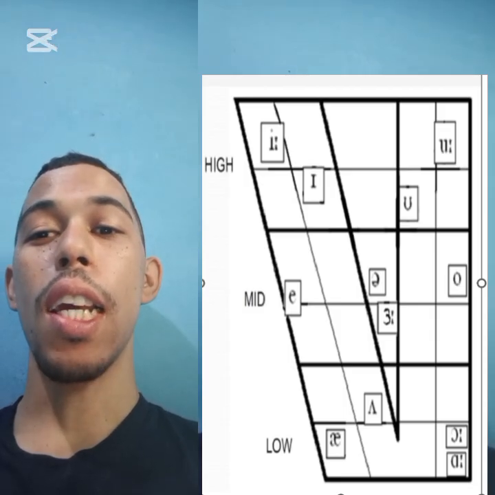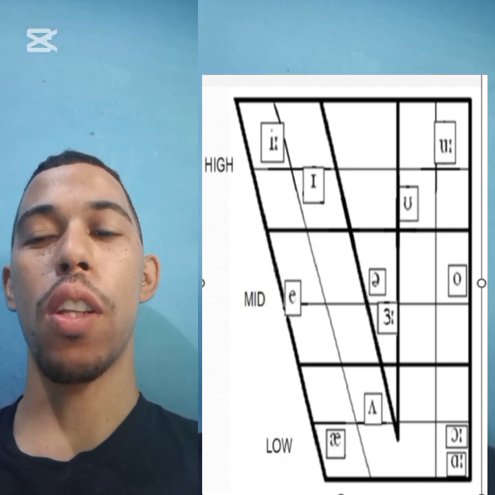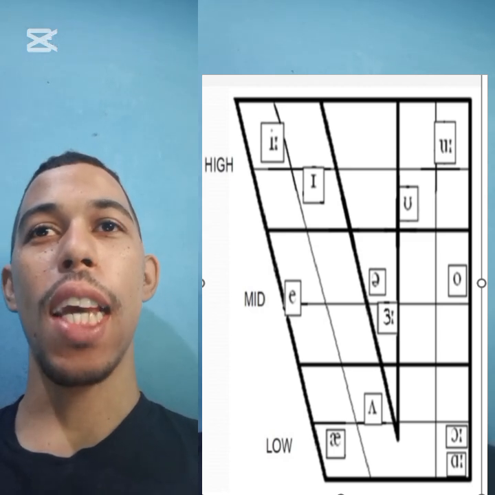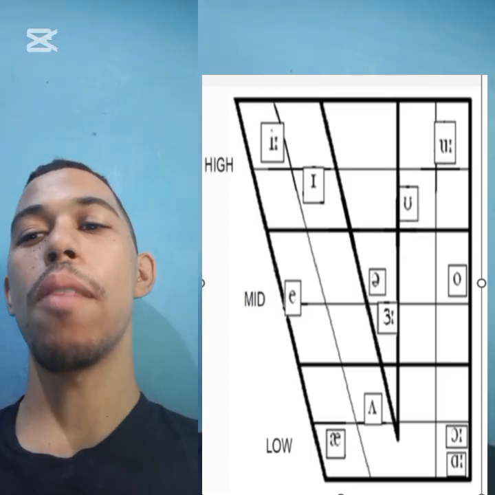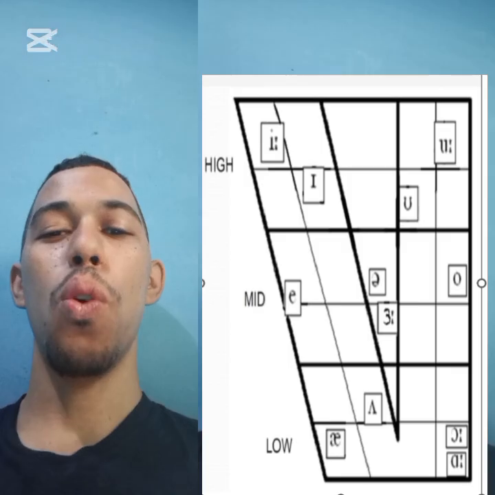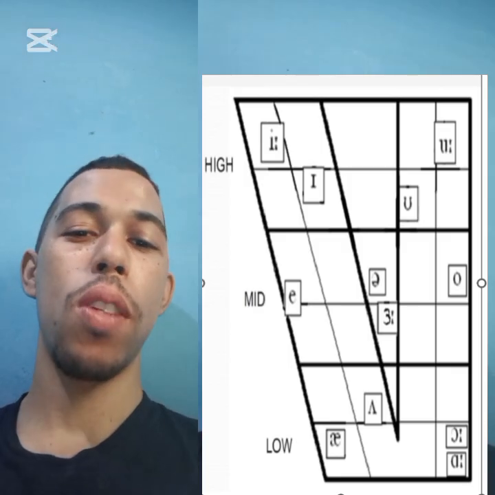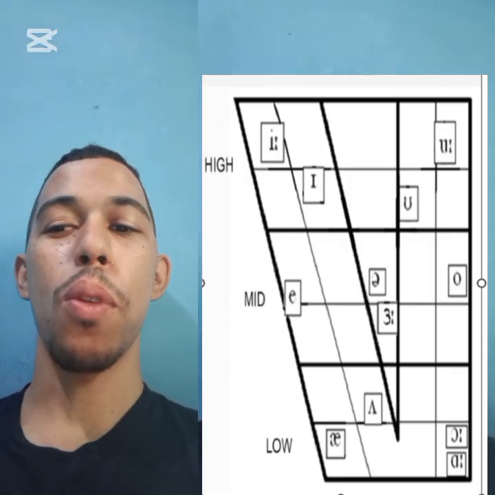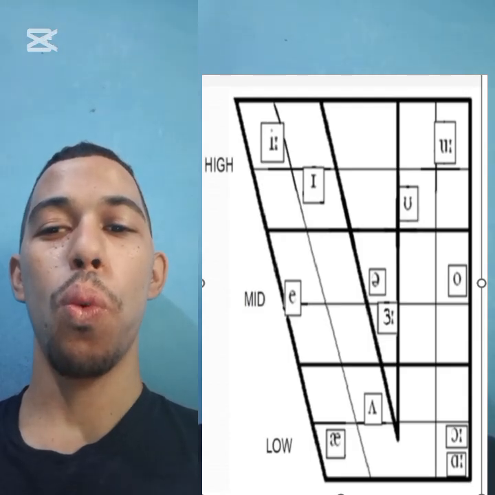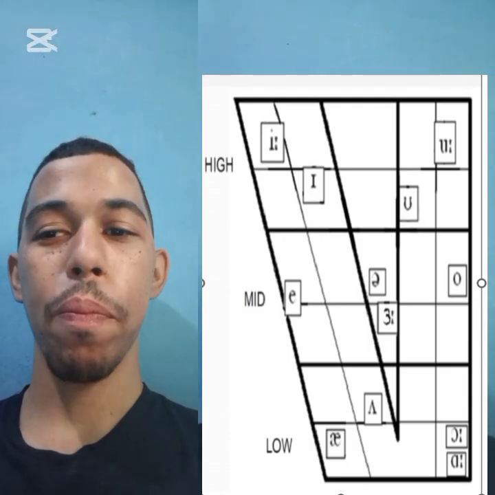And when we go from left to right, the mouth is more rounded. For example, there's a difference between the phoneme "ee" and the phoneme "oo": for "ee" the lips are spread, and for "oo" the lips are more rounded.